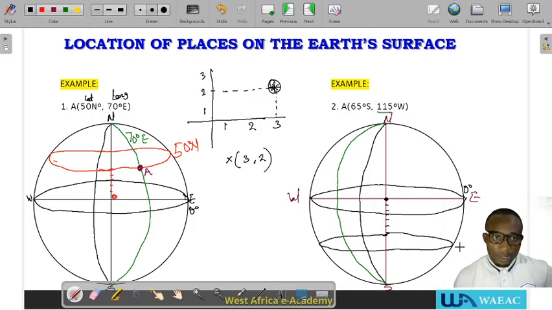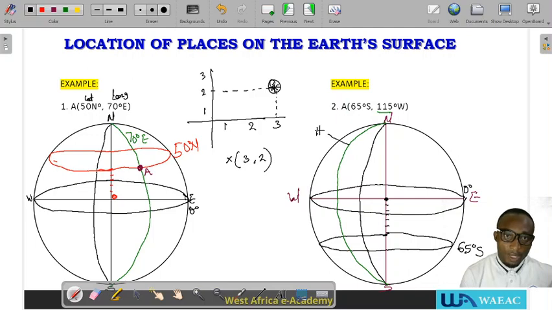We need to label this, which is our 65 degrees south, and this is 115 degrees west. I haven't done that. Where do they intersect? Look at where our longitude and latitude intersect.